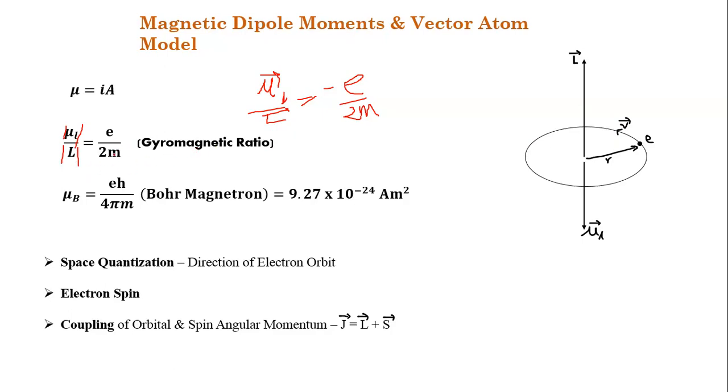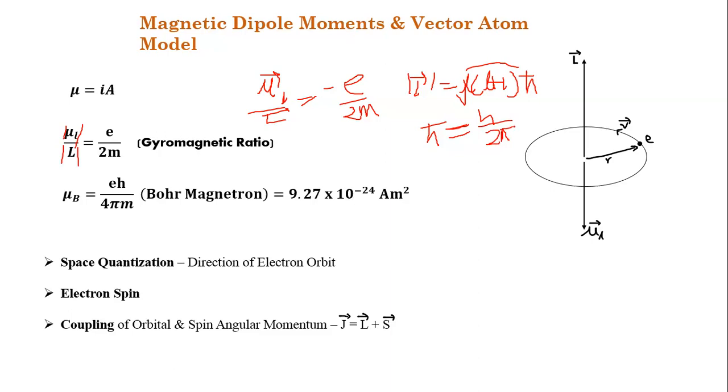Now, from quantum mechanics, we know that the magnitude of the L vector is equal to root of l into l plus 1 times h cross, where h cross is nothing but h by 2 pi.